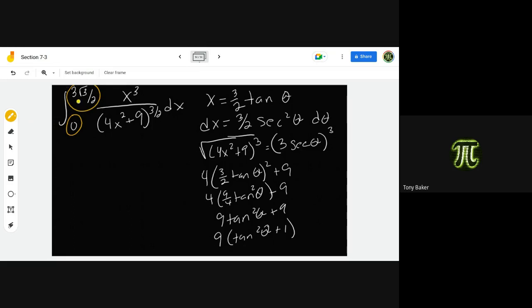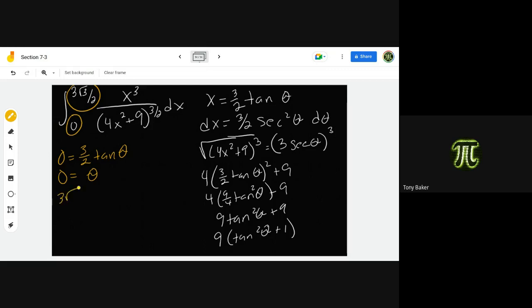So those are x's now, correct? That's actually very, very important. So 0 equals 3 over 2 tangent theta. So which value of theta gives you 0 for tangent? Tangent of 0 gives you 0. So that one's going to stay 0.